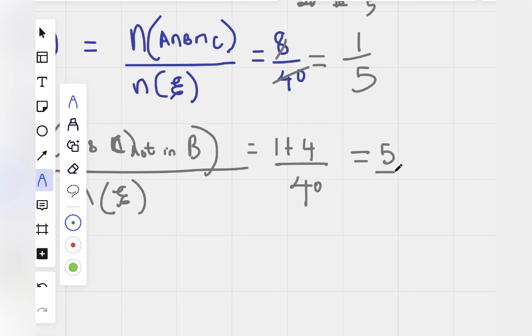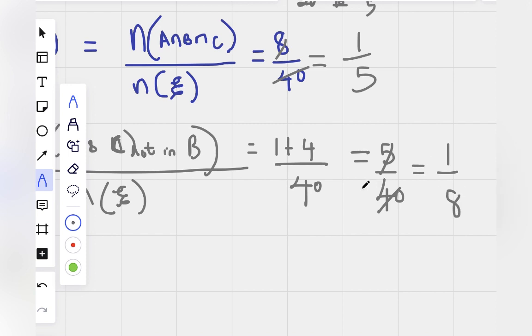And 5 over 40, we can simplify to the lowest term. 5 is the highest common factor, HCF, meaning 5 can divide 40 and 5 can divide 5. 5 divided by 5, you get 1. 40 divided by 5, you get 8. So this probability will be equivalent to 1 over 8 for this question.